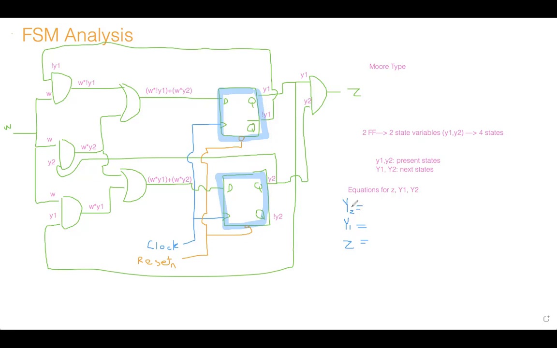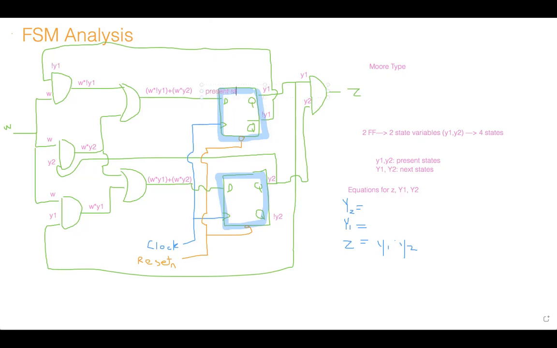Well, when I'm looking at this, I know Z for sure is y1 ANDed with y2, and we can tell that just by the diagram. And then for big Y2 and big Y1, if those are the next states, if we're thinking about it, it's determined by the present state. And so if we're looking at our flip-flops here, basically the output is going to be our next state, but we're coming in with the present state, correct?